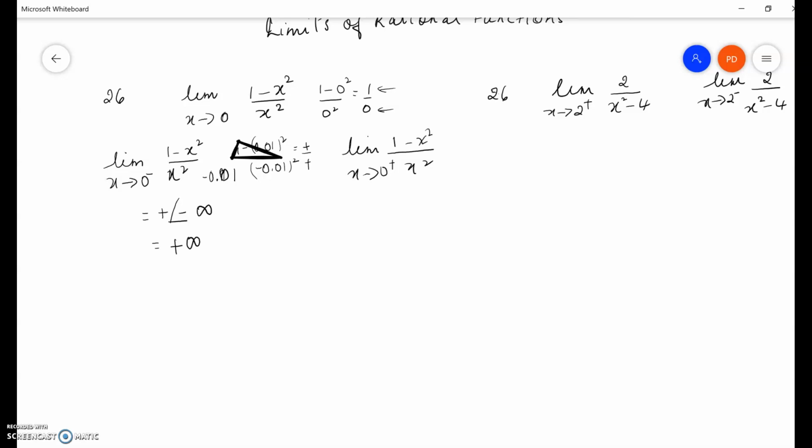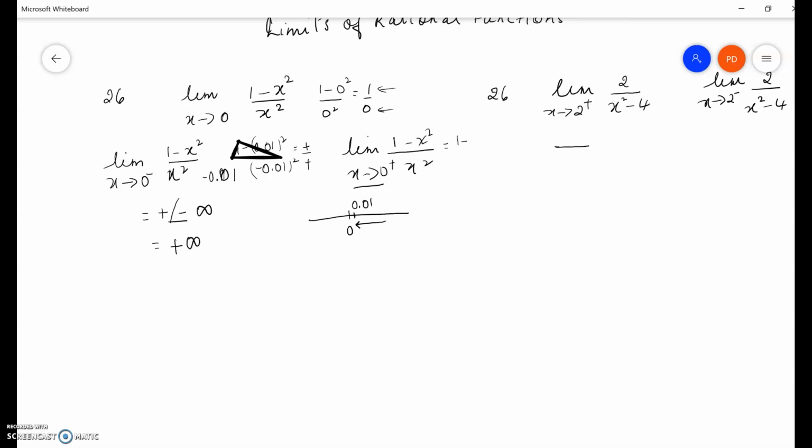Now let's look at the other side of 0. We're approaching 0 from the right. So think of a number close to 0, but to the right of 0. Let's say positive 0.01.